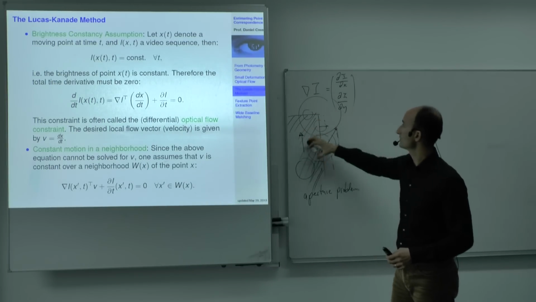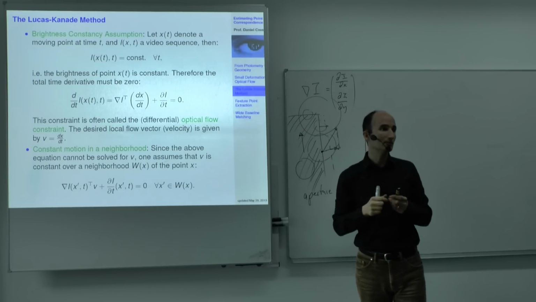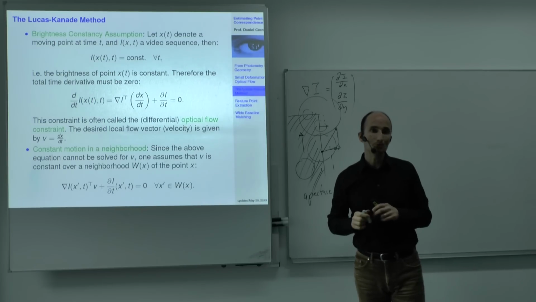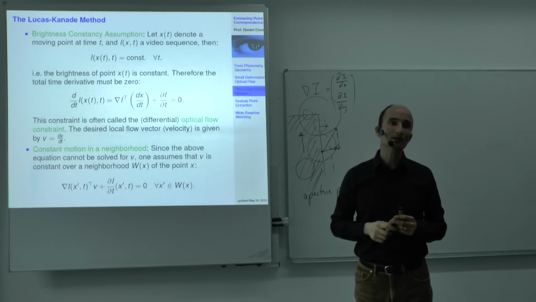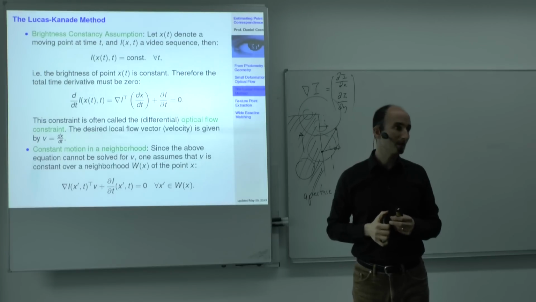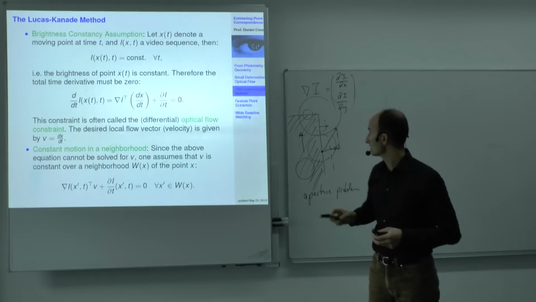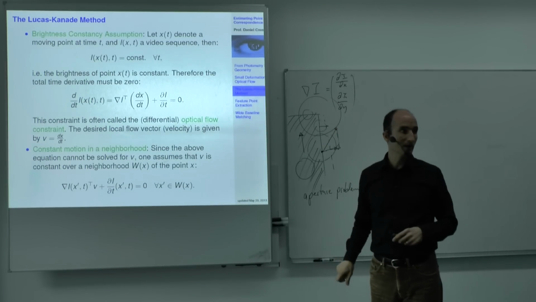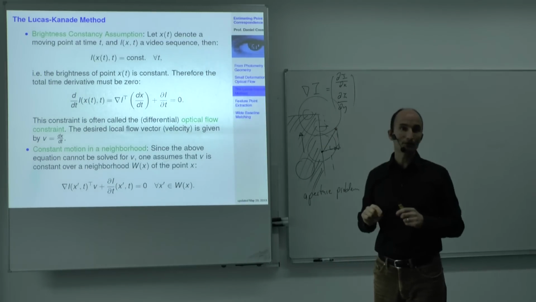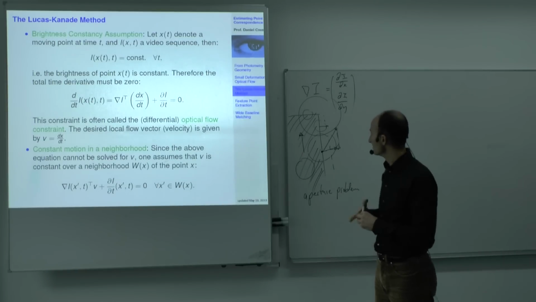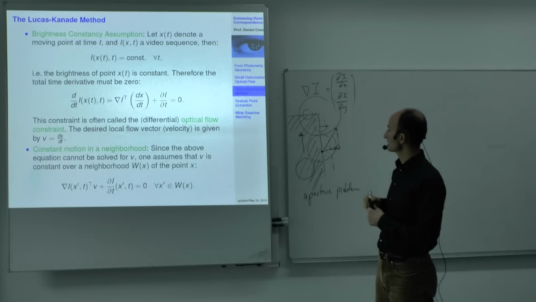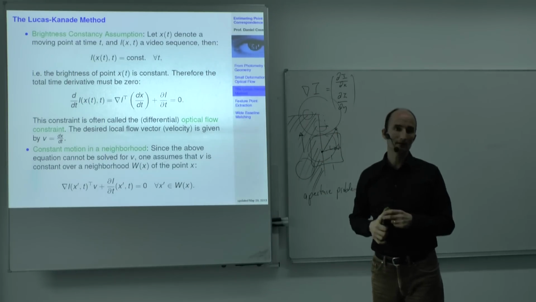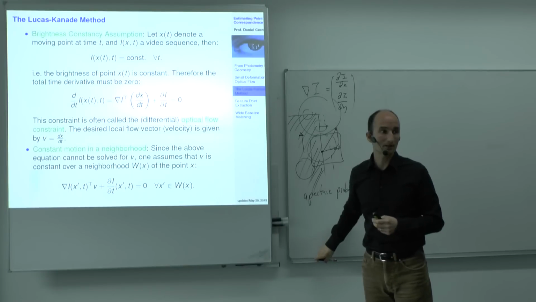Ideally, as I drew here, the window would be a circle because you don't want any directional dependency. In practice, of course, you take a square because it's simpler to implement, because you want to sum over all points in that window later on, and then if you have a square, you have two for loops. So in the drawings I do circles, but in the implementations you typically take a square, not to complicate things too much.